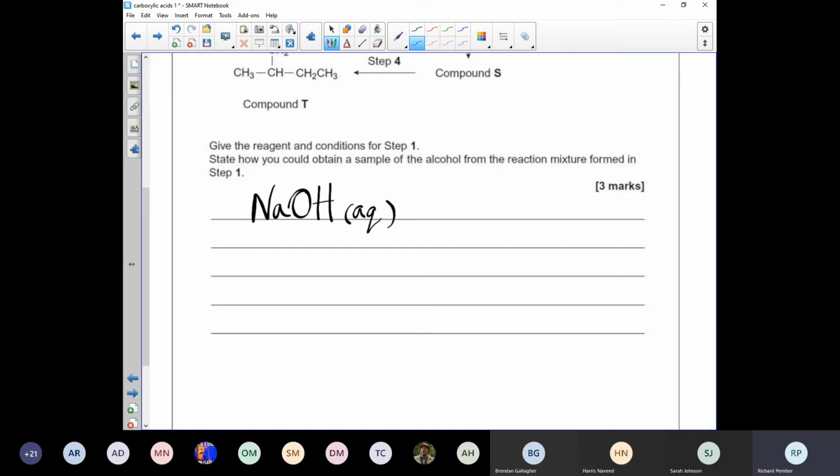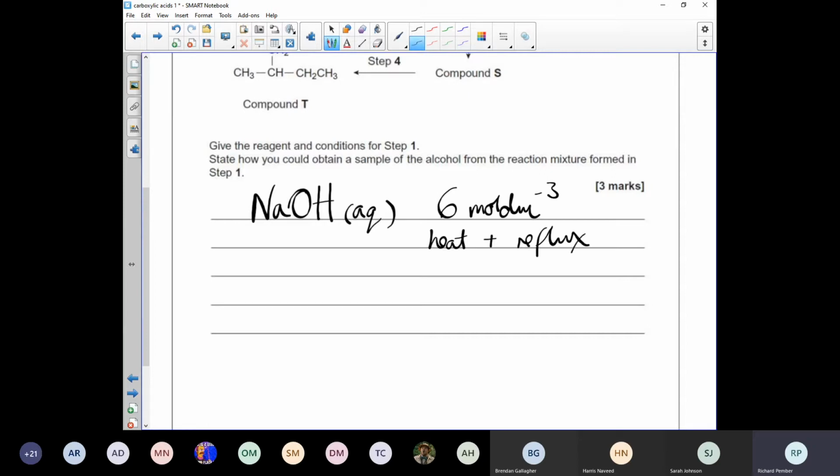So aqueous would be good, or dilute would be good. If you wanted to go for a concentration, I'd be looking at something reasonably concentrated, but not particularly. And I'd probably put heat and reflux, or some idea that you warm this up.